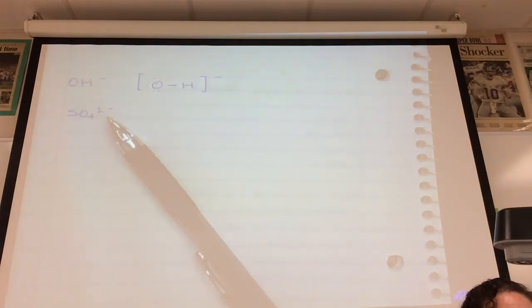We want to be able to name compounds that contain polyatomic ions and write their chemical formulas. So again, you don't need to memorize the polyatomic ions this year. They are provided to you on the back of your periodic table, and you will see those polyatomic ions right here on the screen.